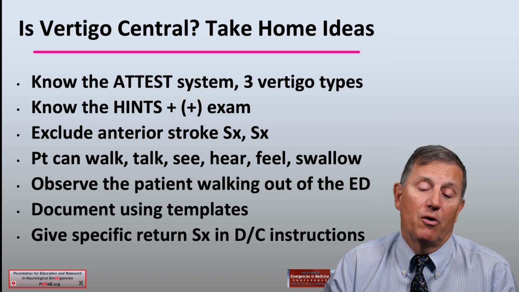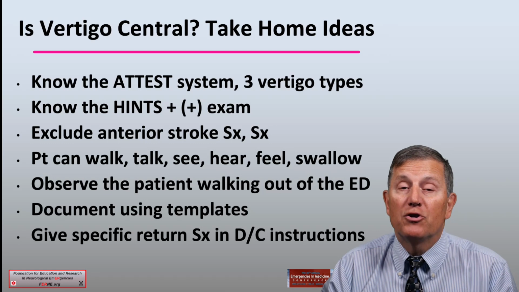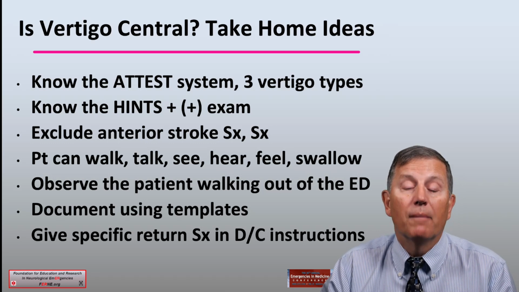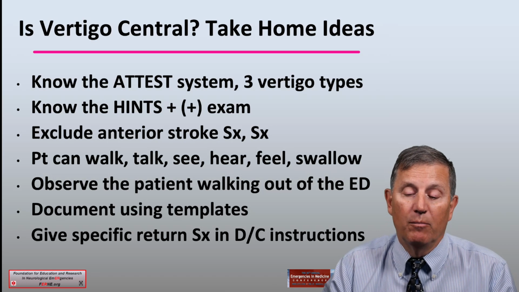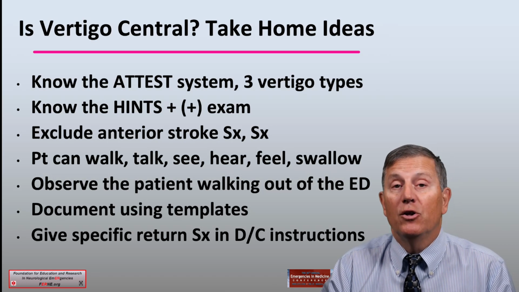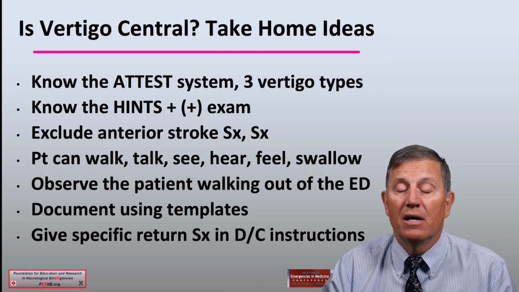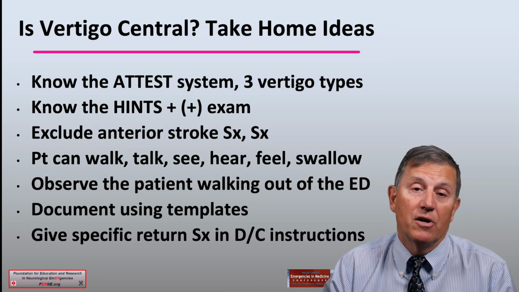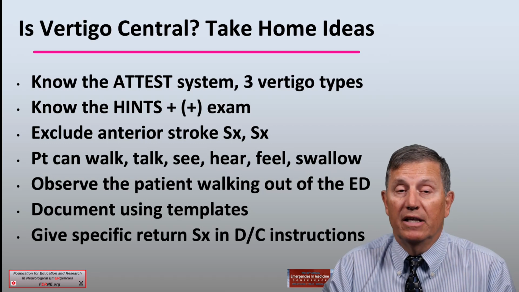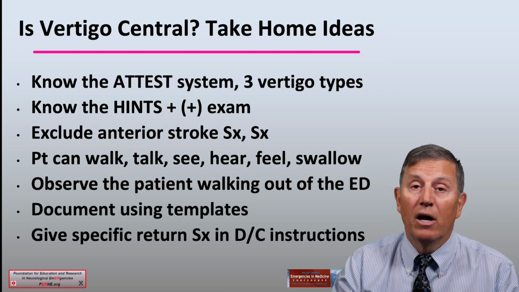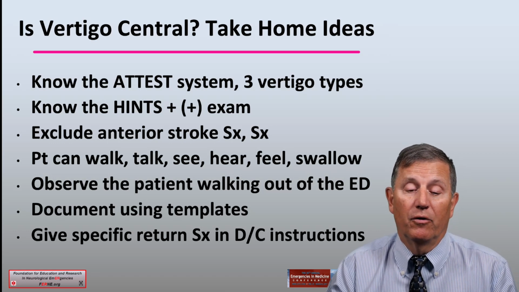Exclude anterior stroke signs and symptoms. Make sure the patient can walk, talk, see, hear, feel, swallow. Observe the patient walking out of the emergency department. Document using templates and give specific return symptoms in your discharge instructions so that if there is any worsening of the symptoms that would suggest an ongoing posterior circulation TIA or stroke, the patient will return for further evaluation.